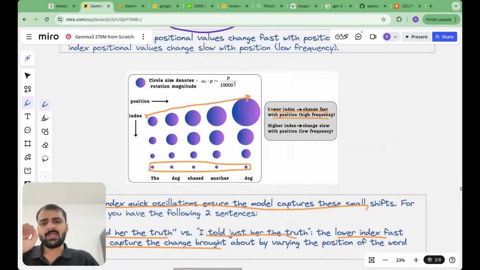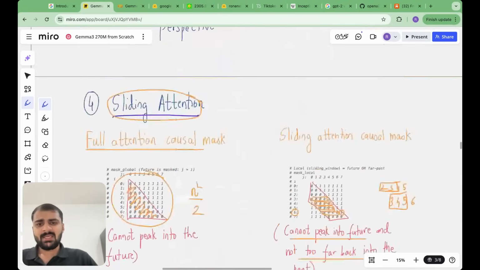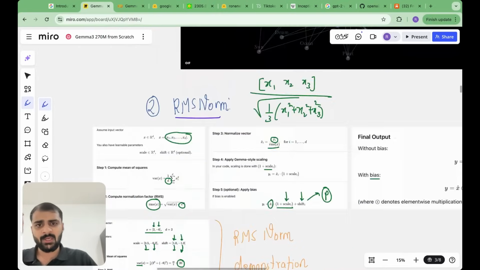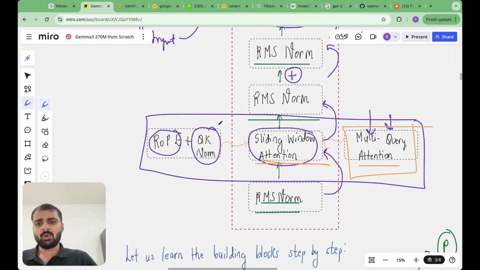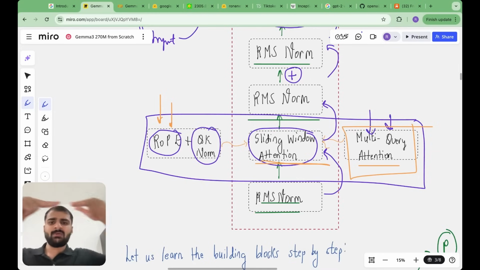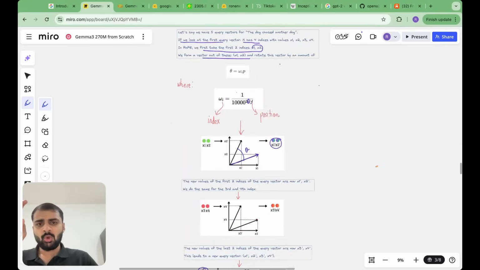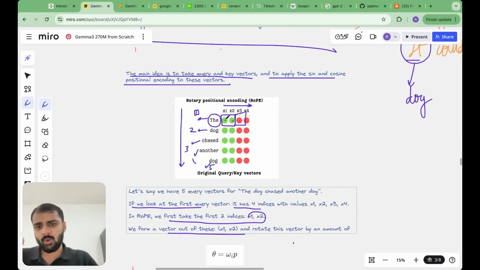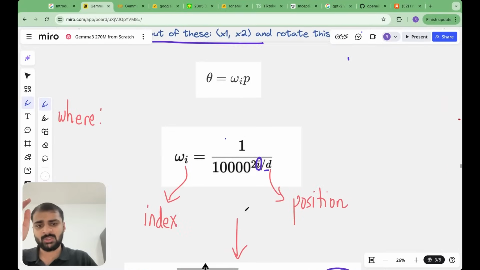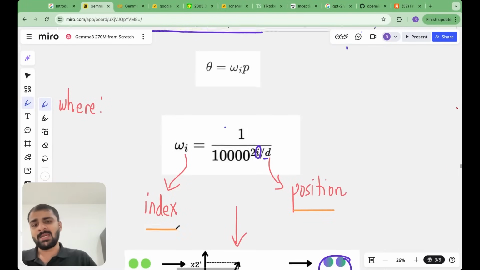That's just a qualitative thing to worry about. But whenever I say rotary positional encoding, what I essentially mean is that the query vector and the key vectors are broken down into groups of two, and these vectors are rotated by a particular angle based on the position and based on the index.